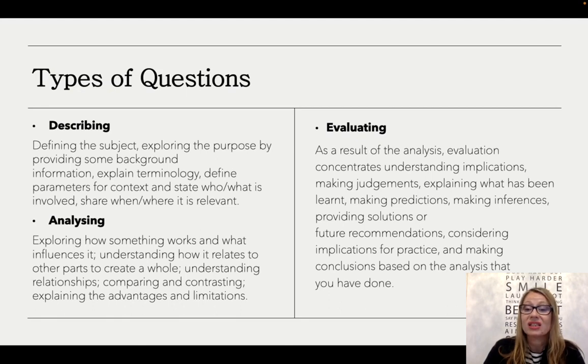You make predictions perhaps from the argument that you presented, making inferences, providing solutions or recommendations. Those may be for practice as well, and you'll be making conclusions based on the analysis that you've been doing. We're going to look at each of those in turn shortly.